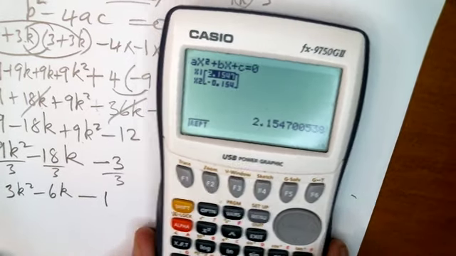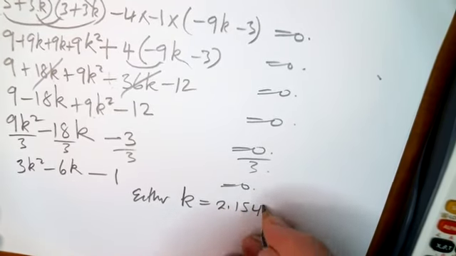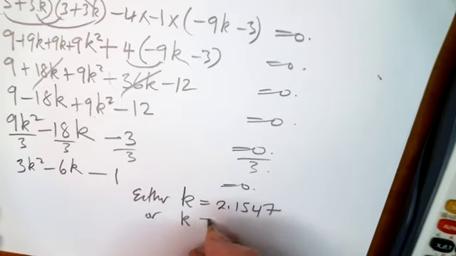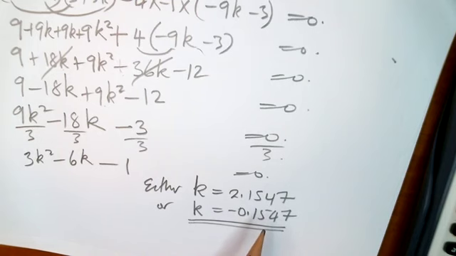So k is equal to 2.1547, or k is equal to -0.1547. So they are the 2 values for which this is going to touch at just 1 point. Let's see if that makes sense.